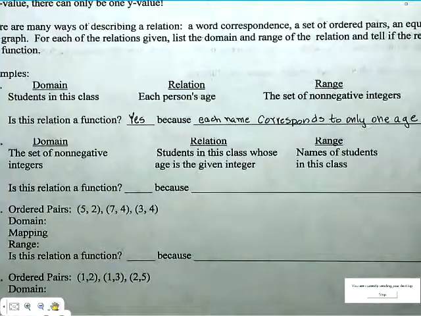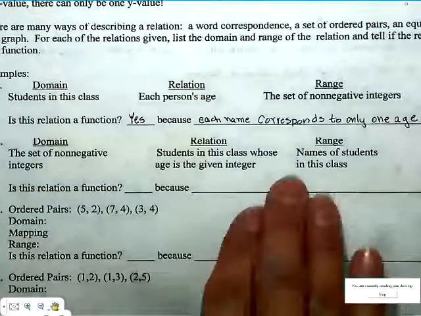If I call out 19, or if I put 19 into the age machine, is there only one person in here who could be 19? No. That's one age that may correspond to more than one person. Defined this way, that relation is not a function.